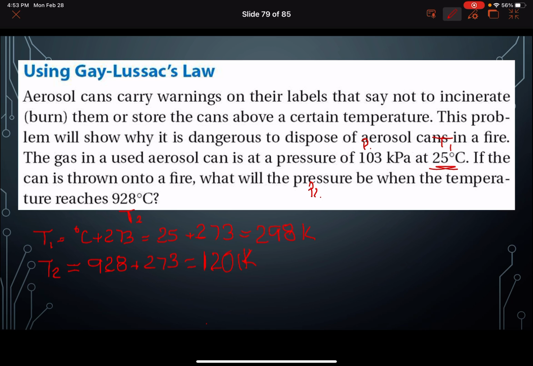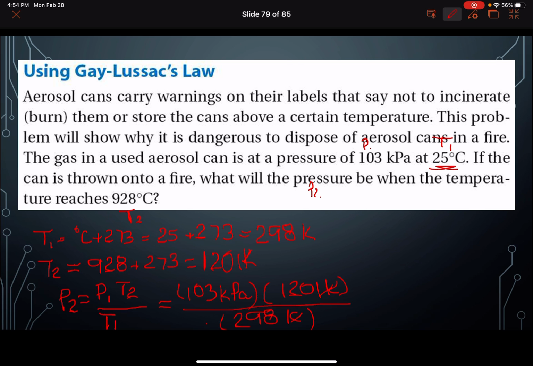All right, now we can put those into our formula. Pressure 2 equals pressure 1 times temperature 2 all over temperature 1. Now we substitute in. Pressure 1 is 103 kilopascals, temperature 2 is 1,201 Kelvin, all divided by temperature 1, which is 298 Kelvin.